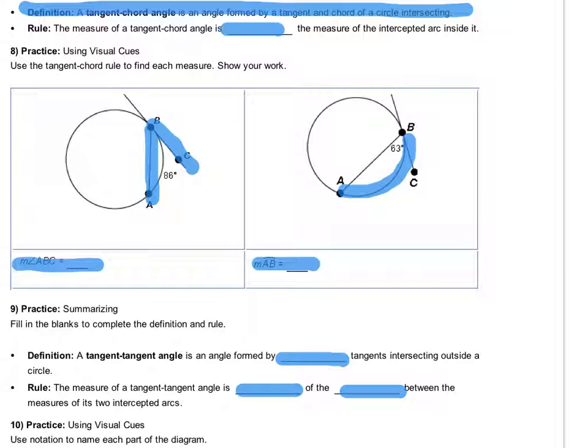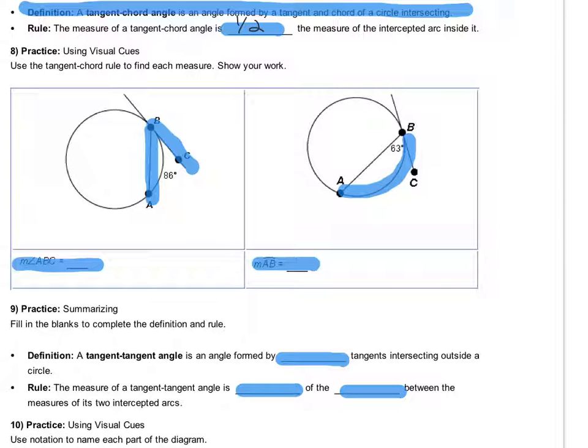By definition, a tangent chord angle is an angle formed by a tangent and a chord of a circle that are intersecting. The rule is the measure of a tangent chord angle is going to be half the measure of the intercepted arc inside it. So right here, you would just put half. For example, the measure of angle ABC is going to be half of the arc.